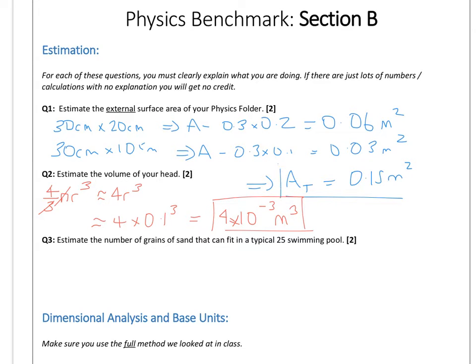Sorry, I should box all these so you get the answers. You might have decided to model it as a box and do the volume that way. Also absolutely fine, a perfectly reasonable way of doing it. This is just my chosen method.